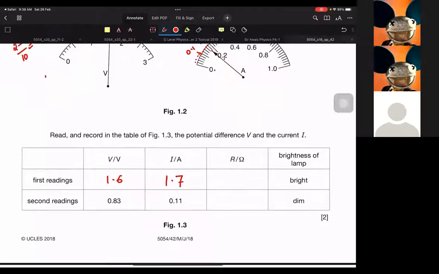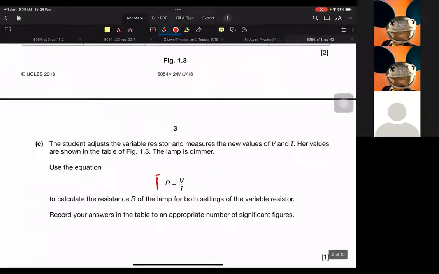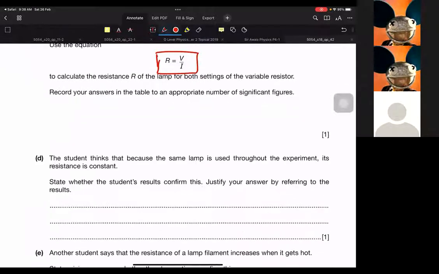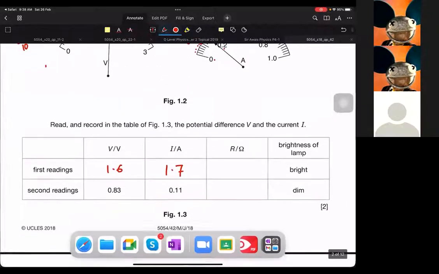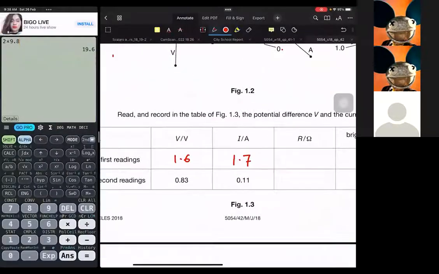All right. Now, then it says that you've got to use this equation to find the values in the table and record them. That's pretty easy because all you've got to do is V upon I, so 1.6 divided by 1.7. So that is 0.94.